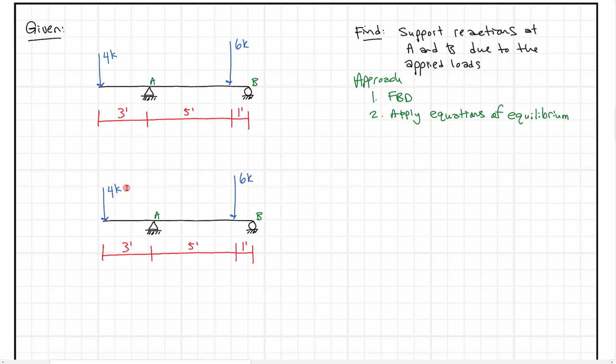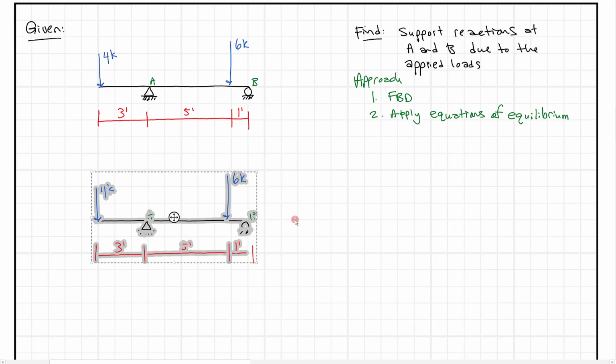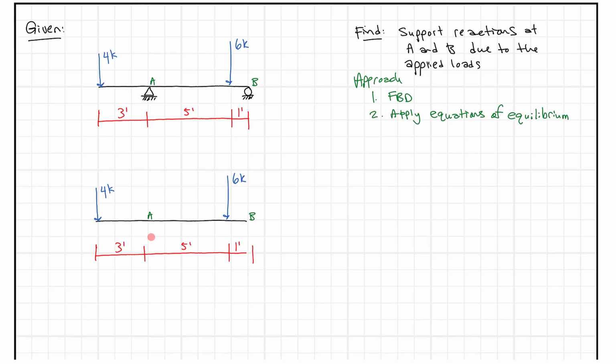But the big thing about a free body diagram that we have to really consider is that when we draw it, we're no longer showing our supports. So these supports go away, and instead we're going to show reactions at that beam. So we're going to have AY, AX, and also BY. These are our reactions that we're showing in our free body diagram. Otherwise, everything else is pretty much the same.